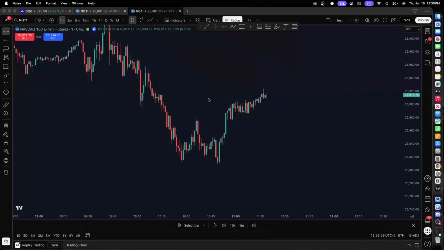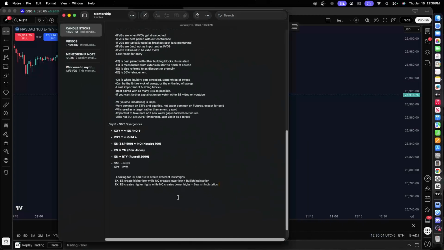Right. Oh, and then one more note. If the lowest/highest point between the two SMT points, that's what we'll call it, is the target.